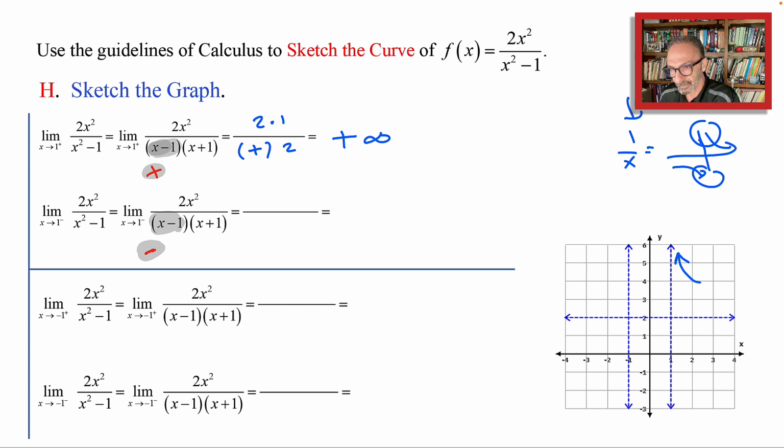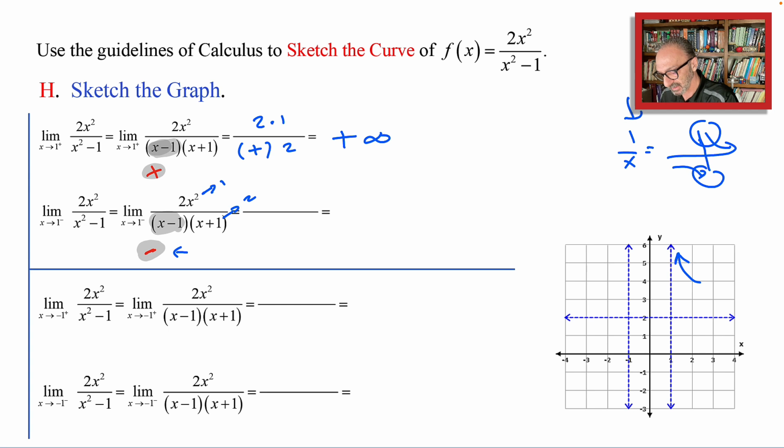Second part, when x approaches 1 from the left, as we said, we have a negative highlighted right here, and we end up with this goes to 1, this goes to 2, so we end up with the limit of 2.